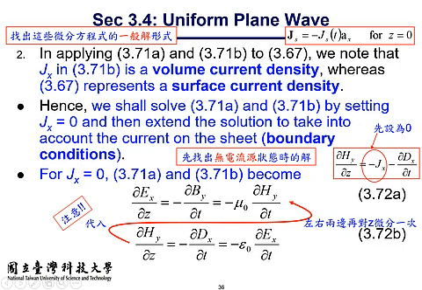And to facilitate our further derivation, we write By and Dx as the product of Hy with mu sub 0 and Ex with epsilon sub 0. Okay, so we will have more consistent physical parameters which involve only Ex and Hy. All right, and okay, let me write up these two equations on the board.